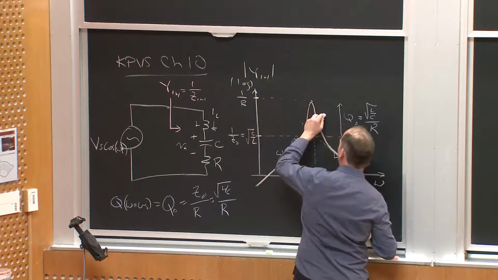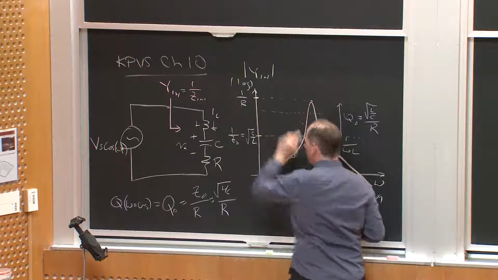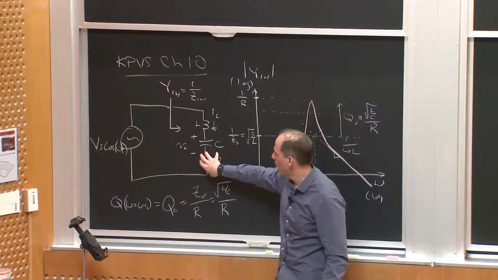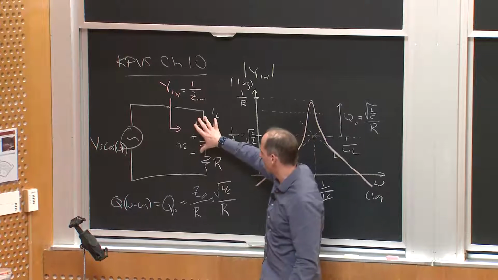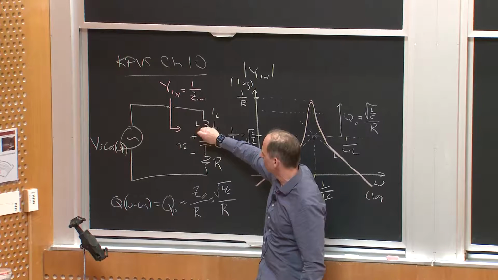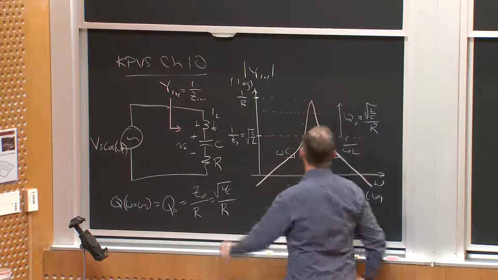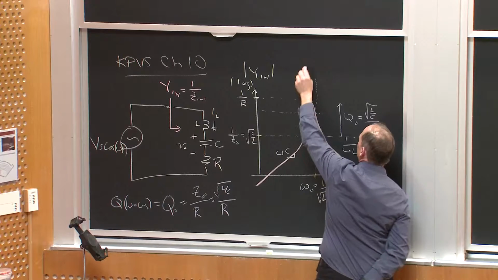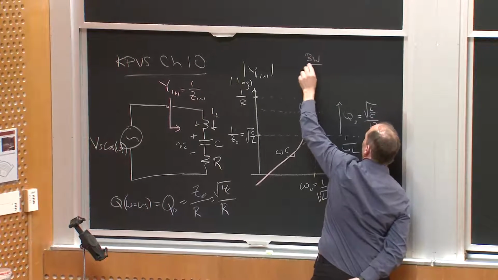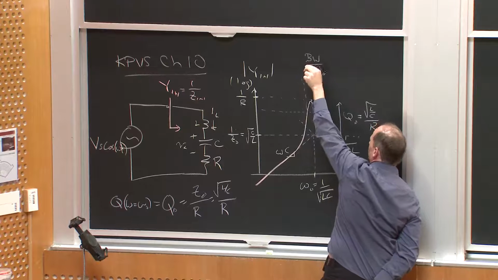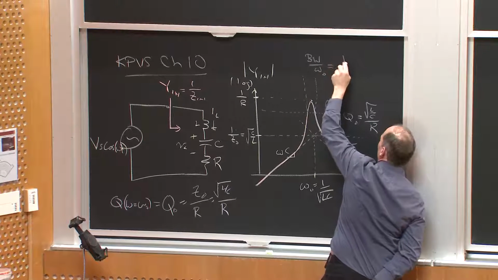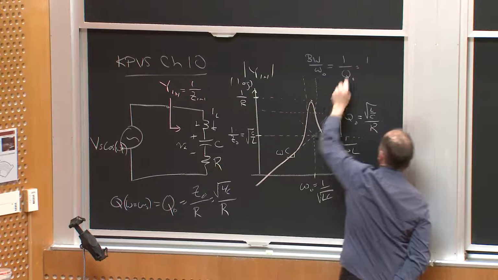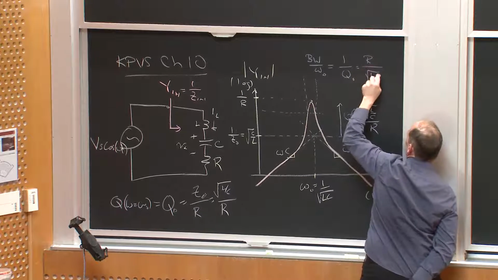And if we took the half power point, the bandwidth over which we deliver half the power to the resistor as we would at exactly resonance where the inductive and capacitive impedances cancel each other, then we said, okay, that bandwidth divided by omega naught, the center frequency, so it's sort of the percent bandwidth, is exactly equal to 1 over Q naught, which is R over the square root of L over C.